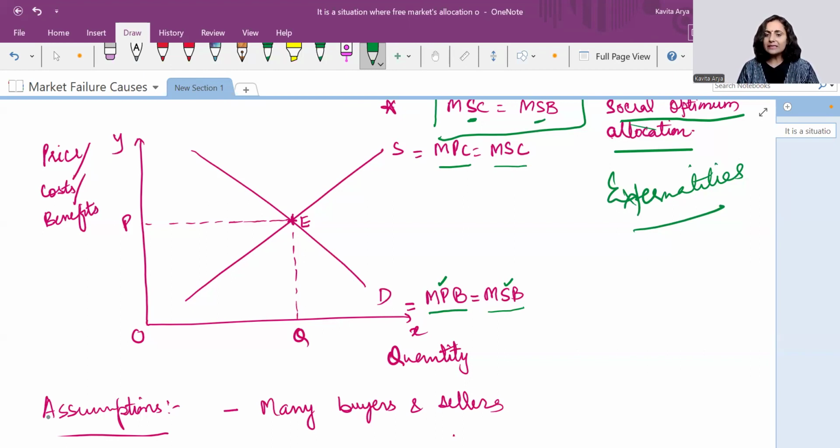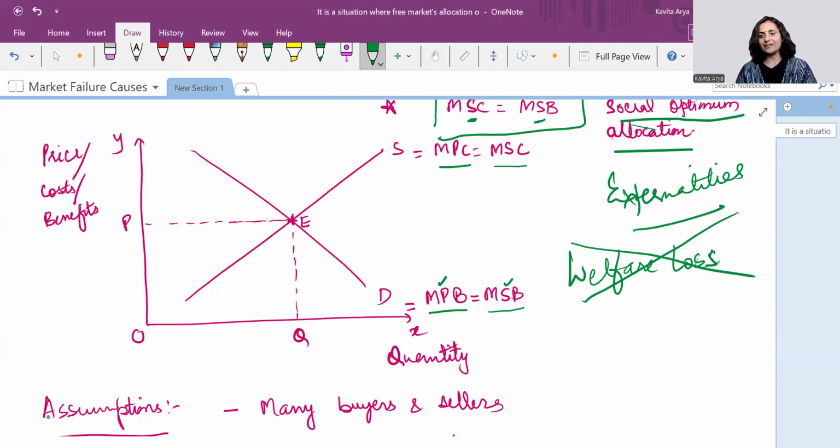Then at this level, there is maximum social optimum allocation. So allocative efficiency is the best here. Here we do not have any welfare loss happening in the society. So welfare loss is not there when these conditions are met.